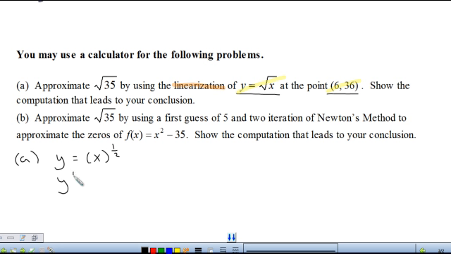So the derivative is going to be 1/2 x to the negative 1/2, or 1 over 2 square root of x. Now I'm not going to set that equal to 0 because I only do that when I'm trying to find the max or the min value or the critical points. So what I am going to do is, since this is my x value, go ahead and substitute my 36.